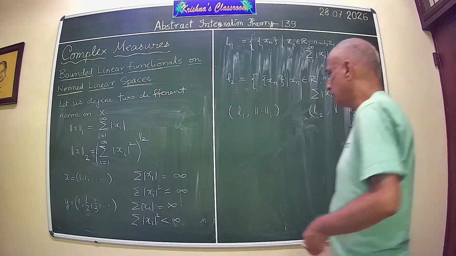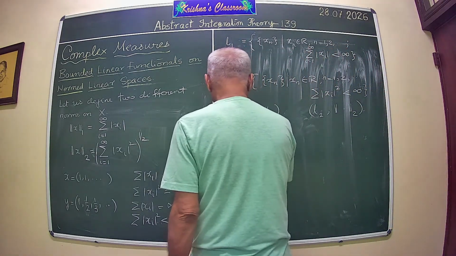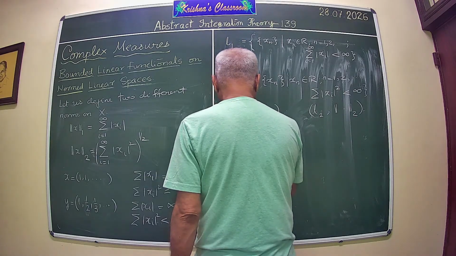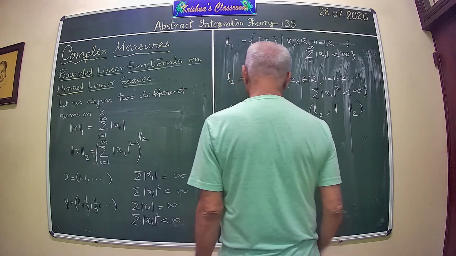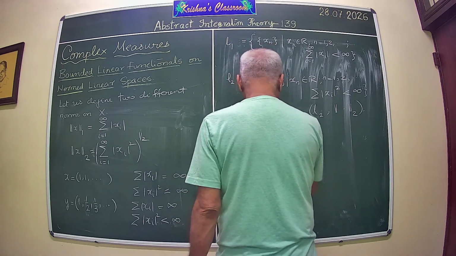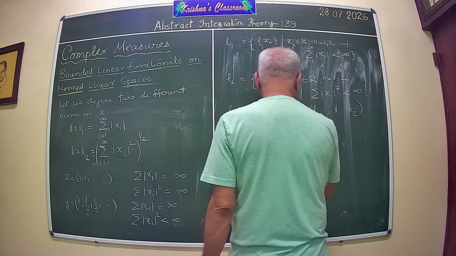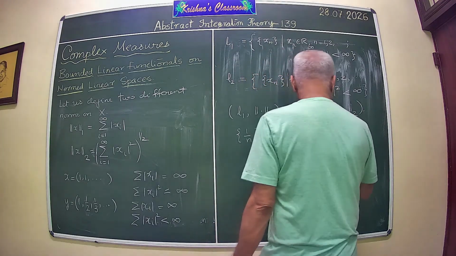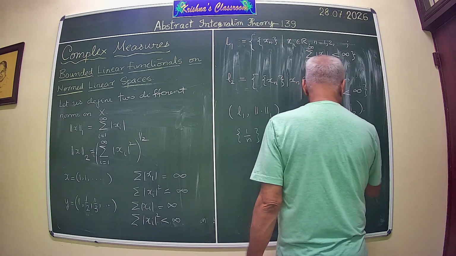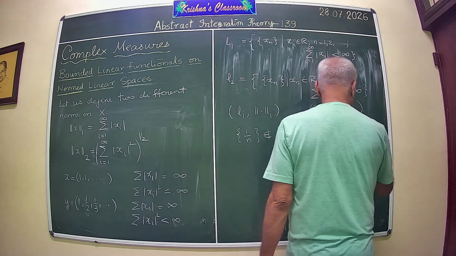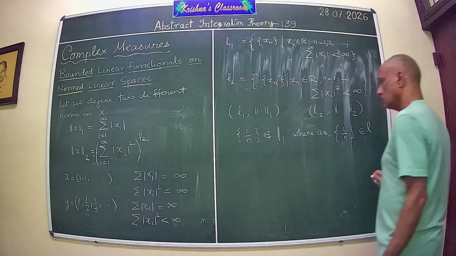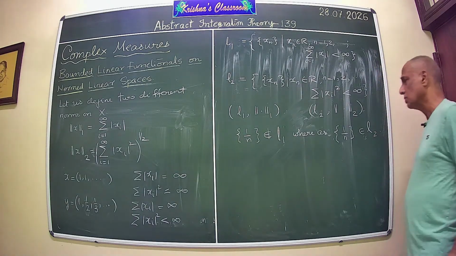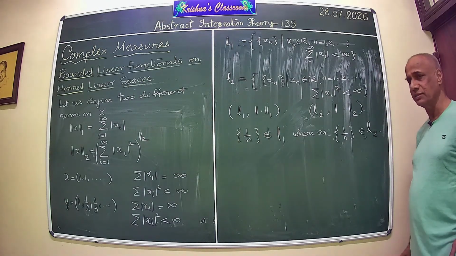Now you see that the sequence 1 by n does not belong to L1, whereas it belongs to L2. So the two spaces are different.